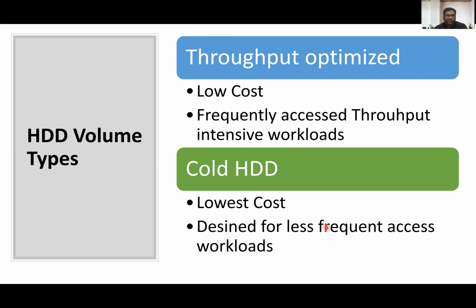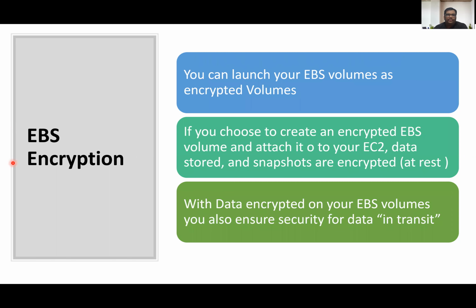All right, so let's talk about EBS encryption. I showed you while deploying an EC2 instance, there was an option to encrypt or just leave as is. That's what this says: you can launch your EBS volume as an encrypted volume. If you create an encrypted EBS volume and attach it to your EC2 instance, the data stored and snapshots are encrypted. What are snapshots? I'll explain in a later slide.